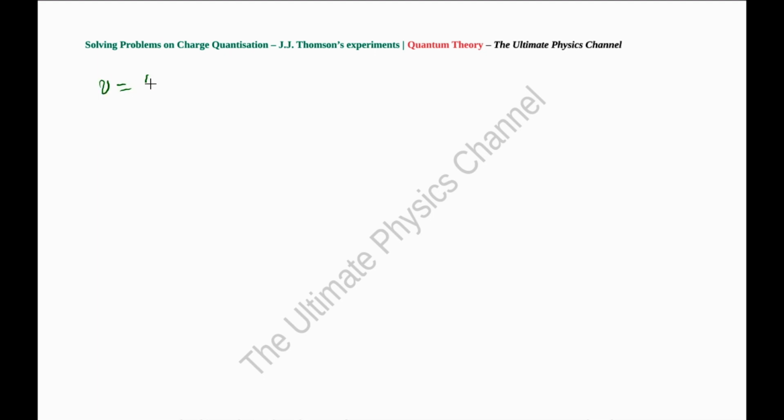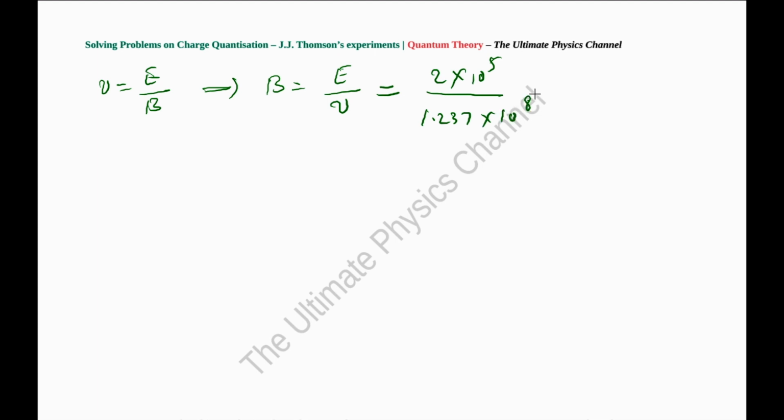So V is equal to E over B. We need B, which is E over V. The electric field is given as 2 into 10 power 5 volts per meter over the velocity we have calculated, 1.237 times 10 power 8.